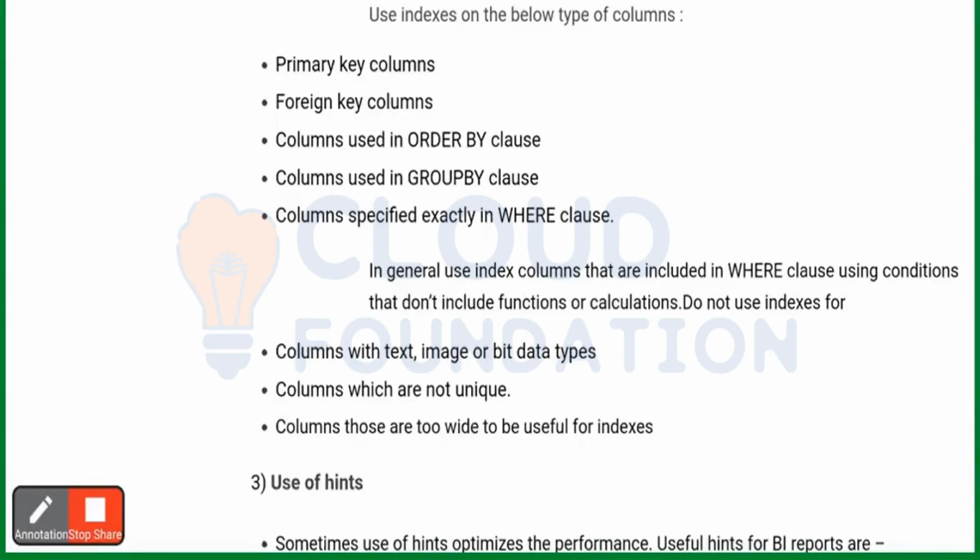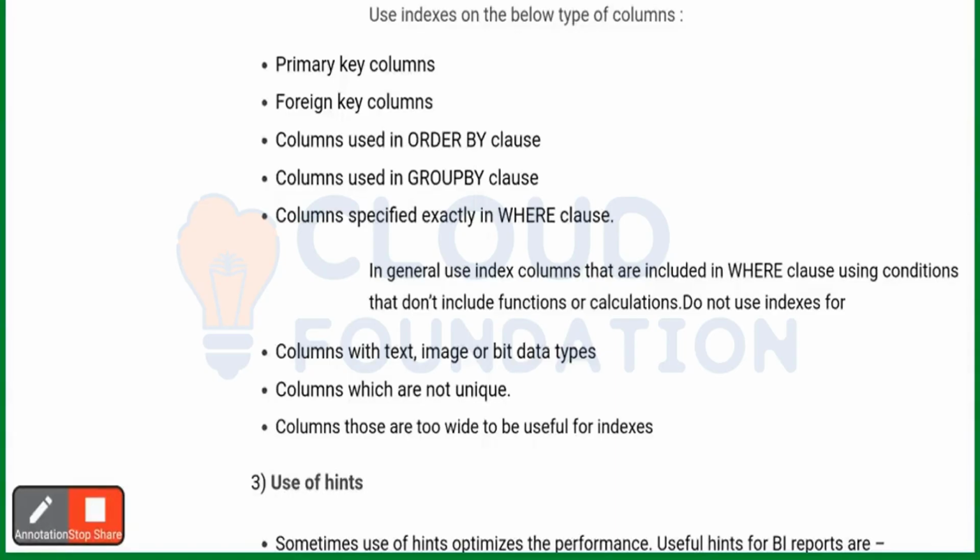But when they are joined, company ID will be a foreign key of the employee table. It is the primary key of the other table, and when we store it in our employee table, it is called a foreign key.